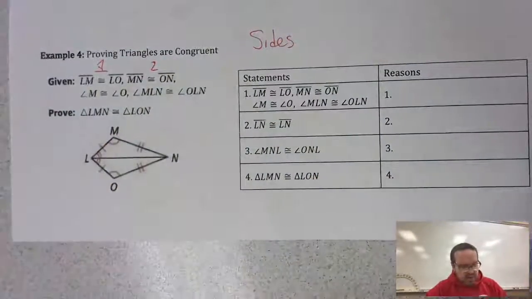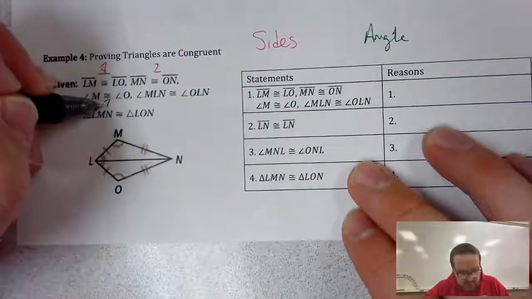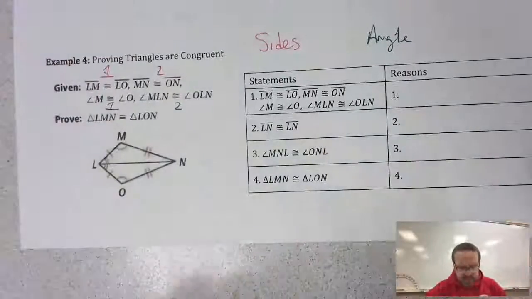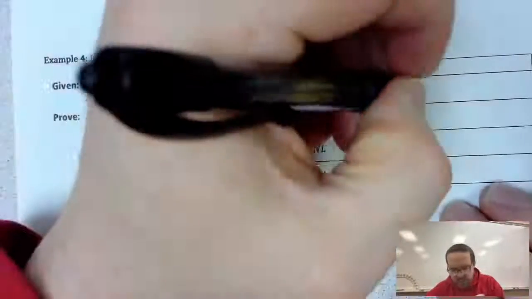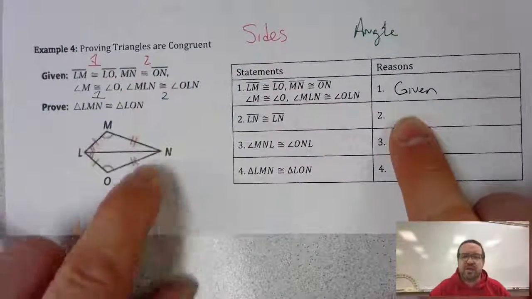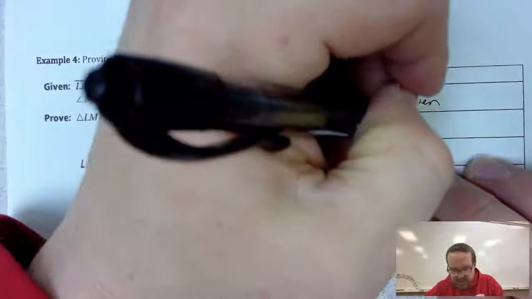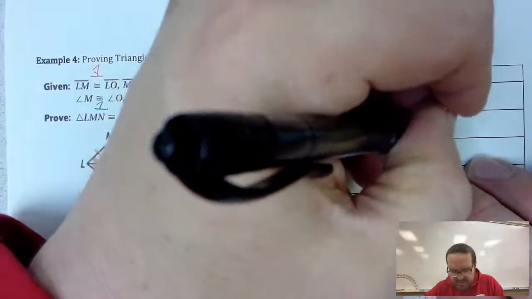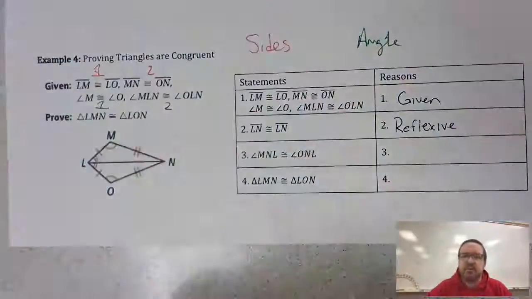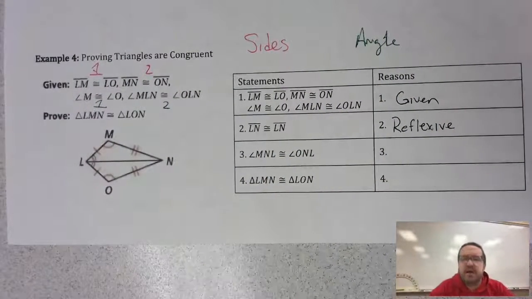If we recall from a conversation from earlier in the video, what's the reason that LN is congruent to LN? That's just the reflexive property. Reflexive property, just like you're looking in a mirror, we can see that's the exact same thing. Okay. So therefore it is. Another way you could also use the symmetric property, right? Just a little bit of symmetry with that. How do we know that these 2 angles right here are congruent?